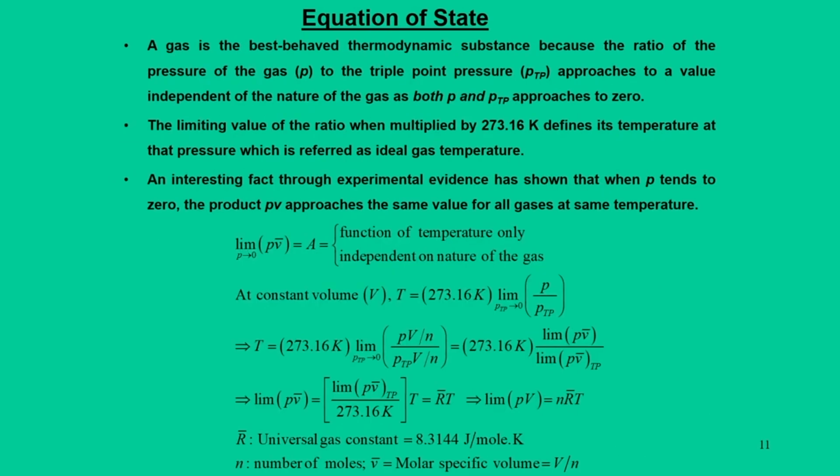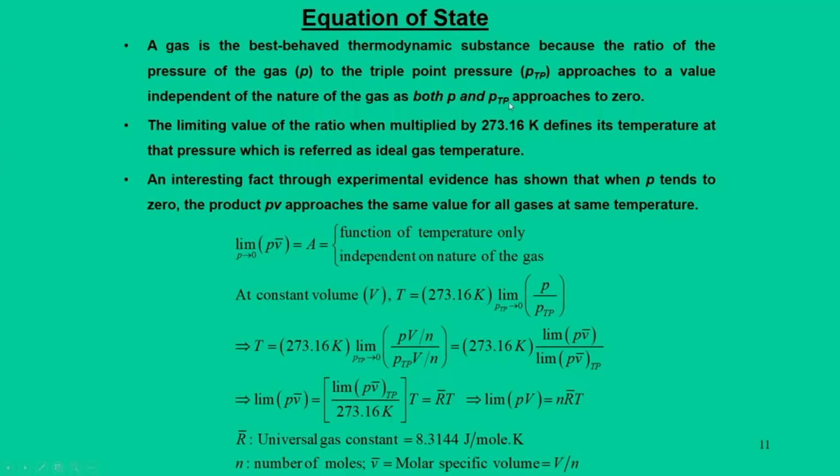So, let us give an introduction to what the equation of state is and how it was framed from the beginning. When we talk about the equation of state, we normally refer to a pure substance in the gaseous phase. In this gas phase we have some well-behaved thermodynamic considerations.